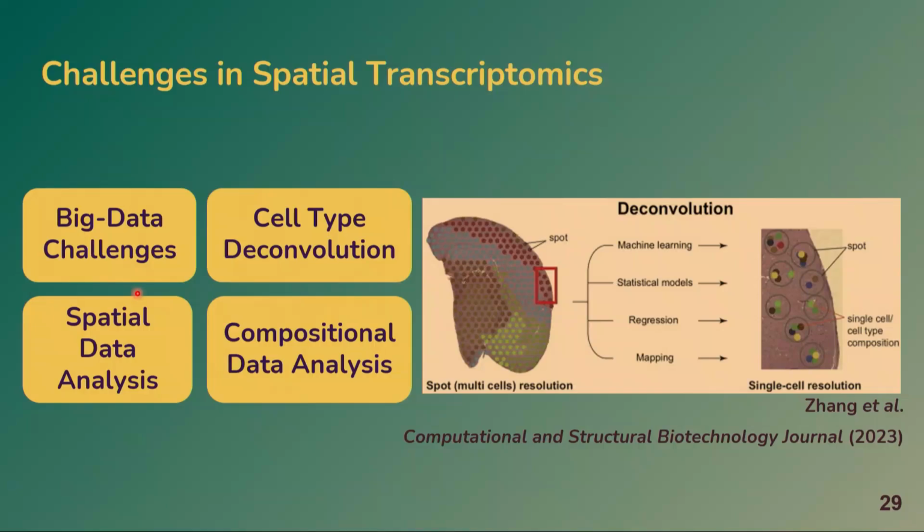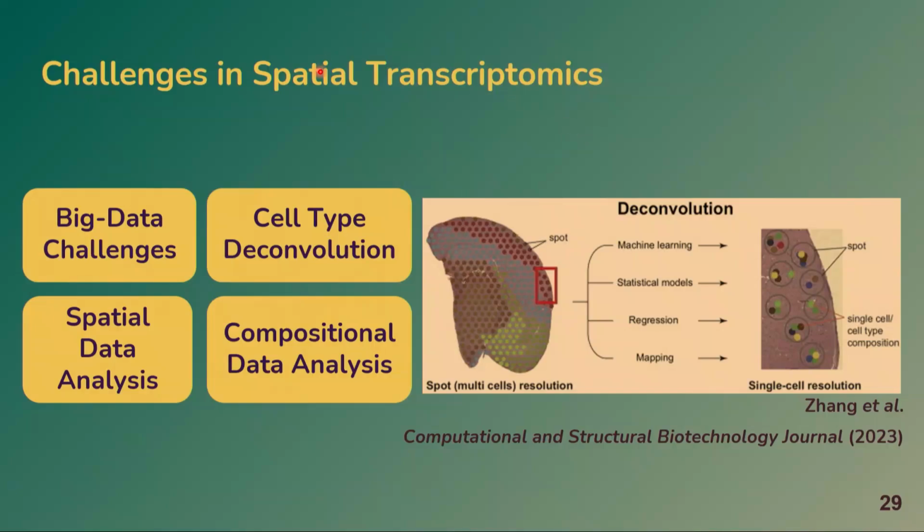Currently, one of the biggest challenges in spatial transcriptomics is cell type deconvolution. Mainly for the Visium, because each spot in the Visium can comprise more than one cell, the task is which cell types are present in each spot.